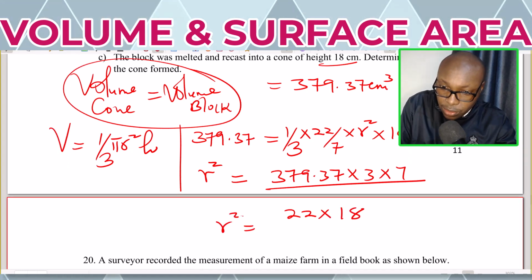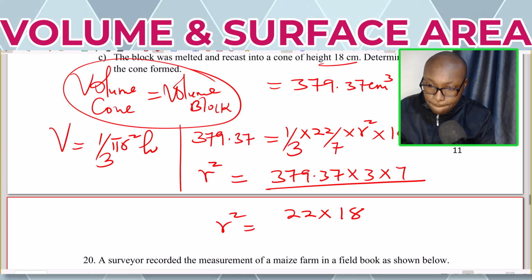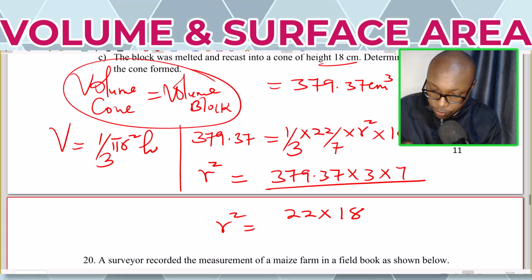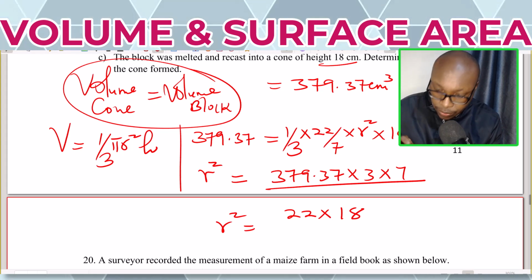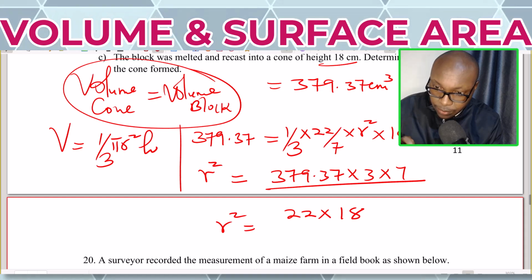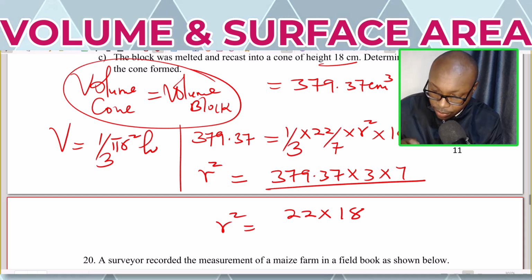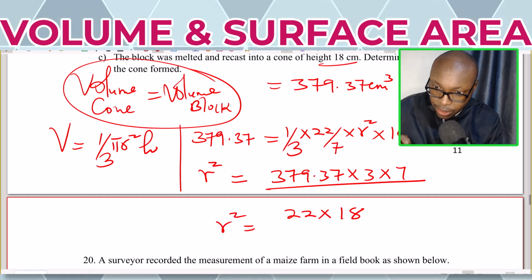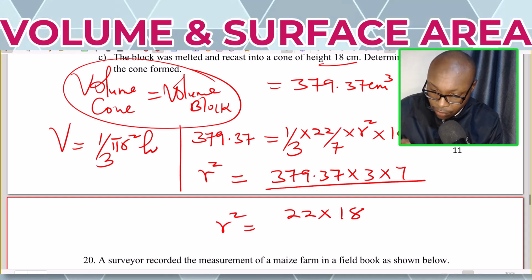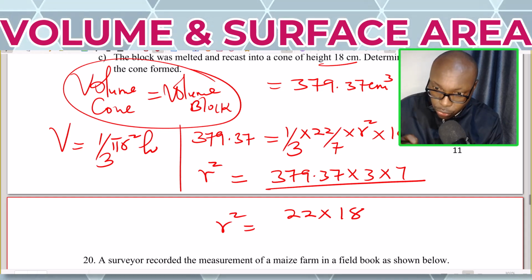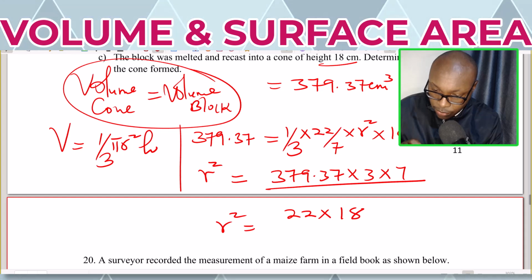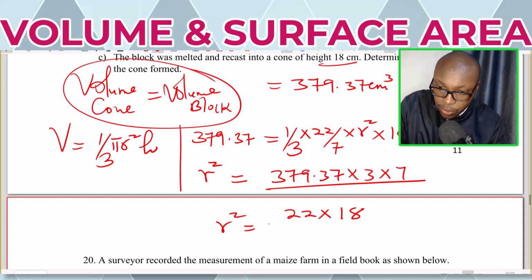So r squared will be given by 379.37 times 21, that is 3 times 7, and then everything divided by 22 times 18.